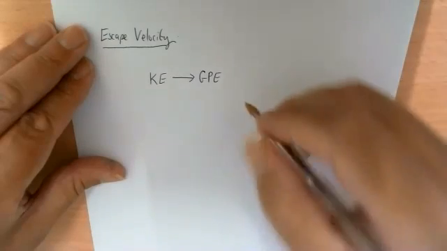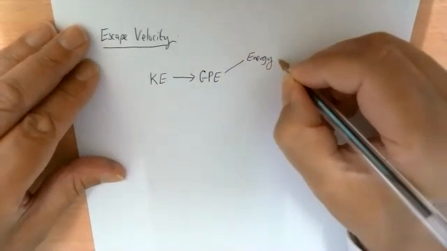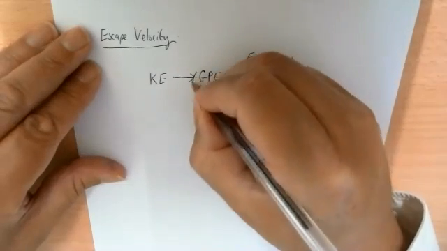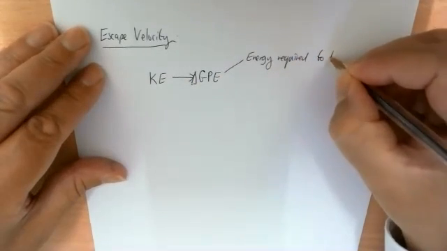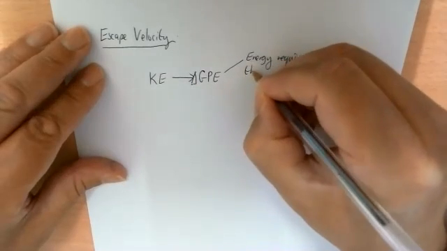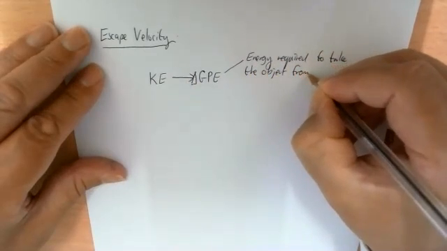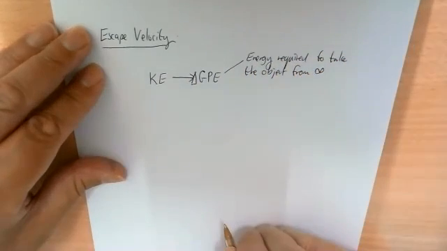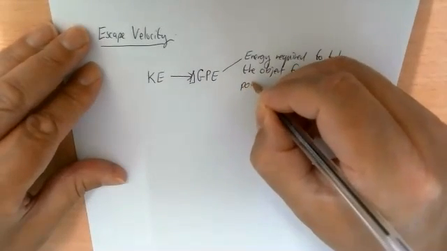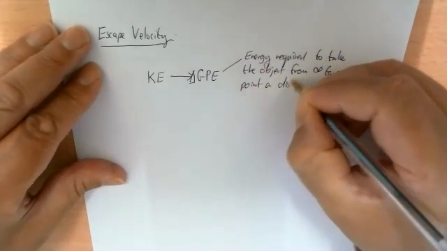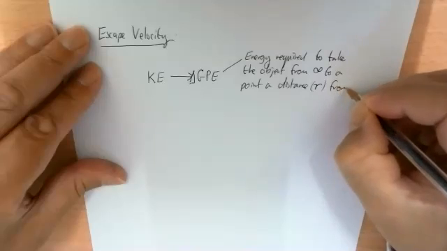Okay, remember delta GPE is the energy required to take the object from infinity, and that, by the way, is a symbol for infinity, to a point a distance r from a body.